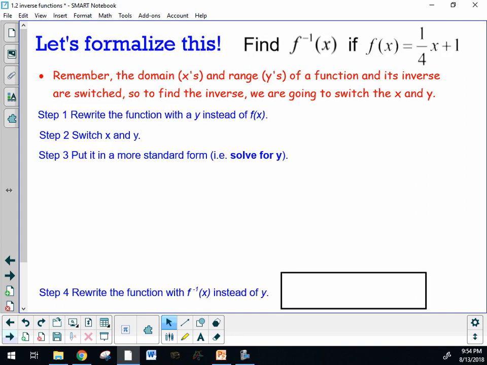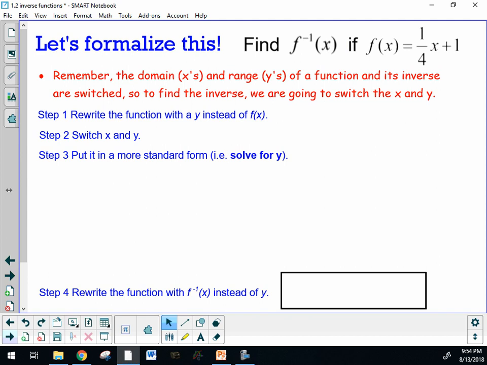So for any function, we want to be able to find its inverse function, and we need a procedure because we don't want to have to graph every single thing. So we want a way to just start with a function like this one, f of x equals 1/4 x plus 1. That's the equation of a line.